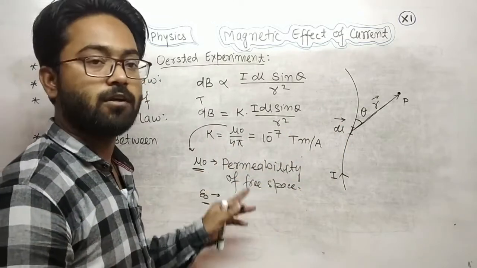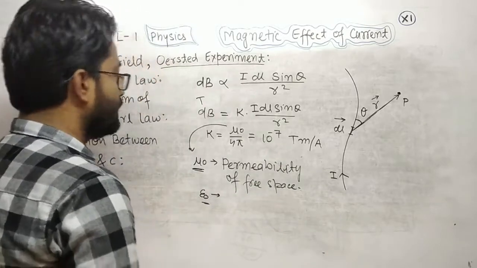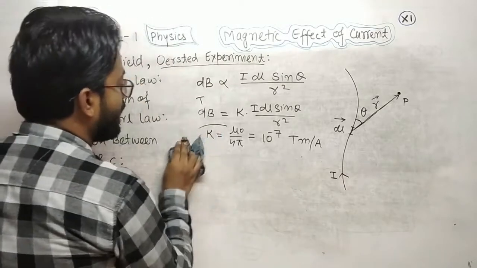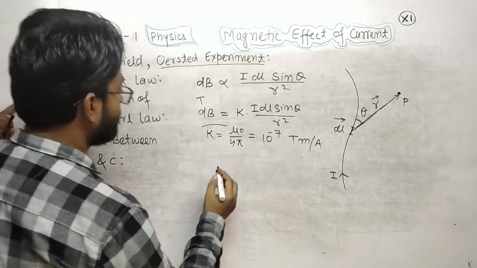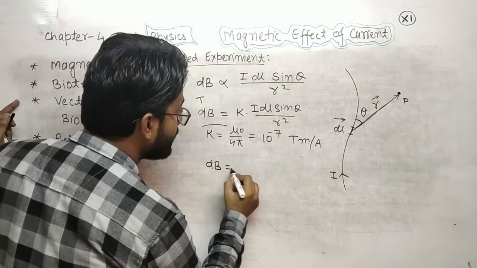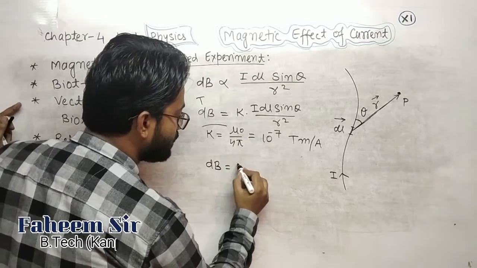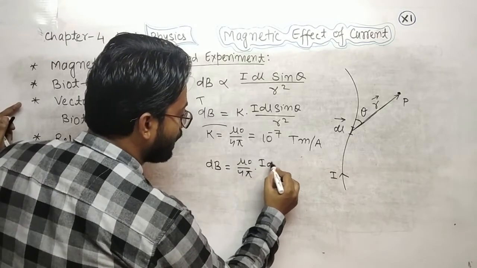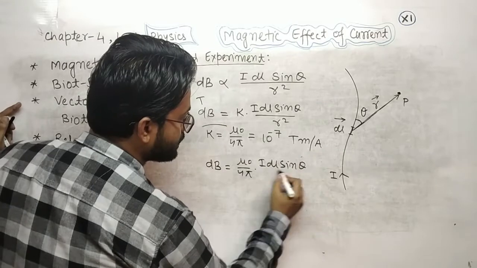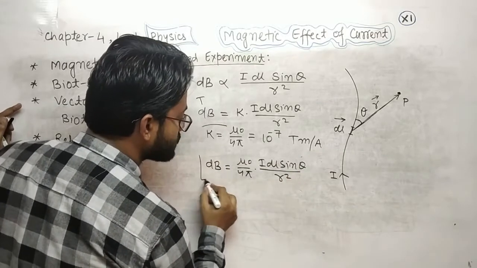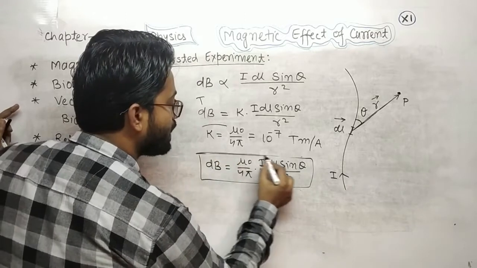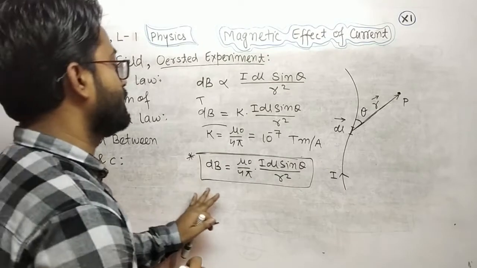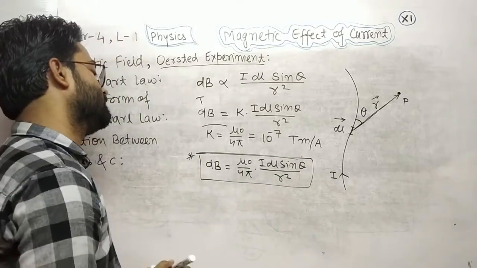That will be the permeability of that particular medium. Okay, this is the formula. Final formula will be dB is equals to K. In place of K, you can write mu naught upon 4 pi I dl sin theta upon r square. This is a very, very important formula, and most of the derivation is based on that formula.